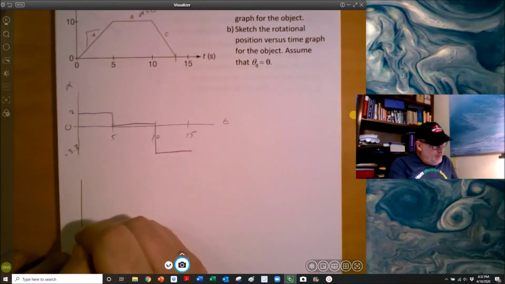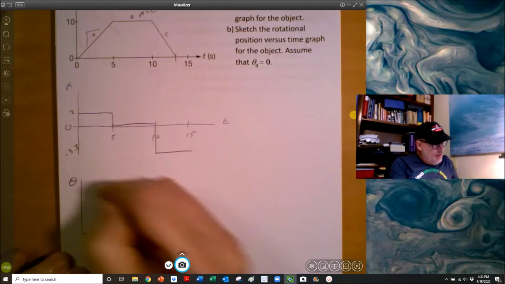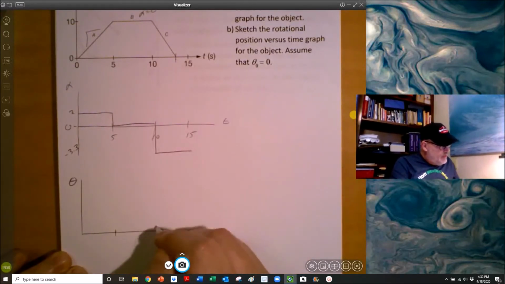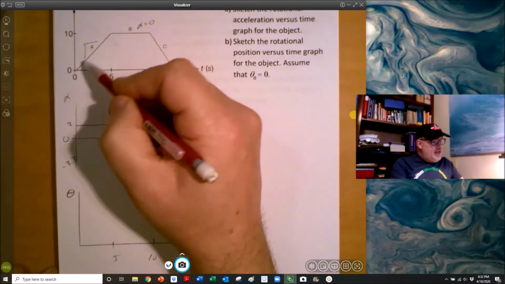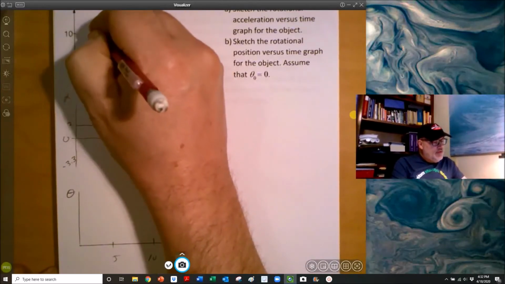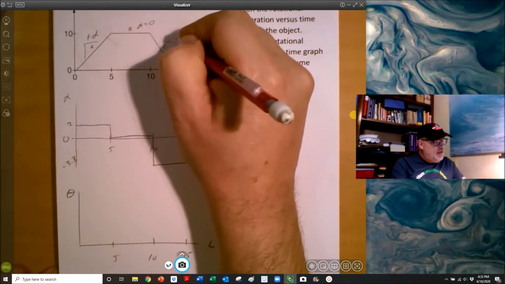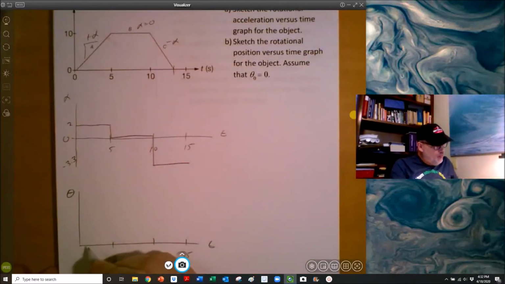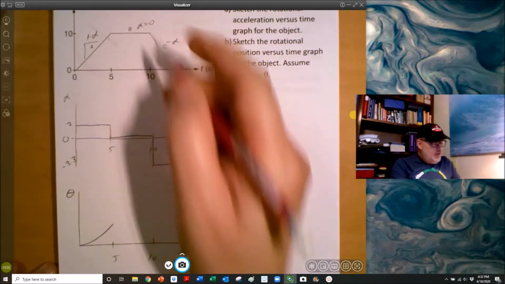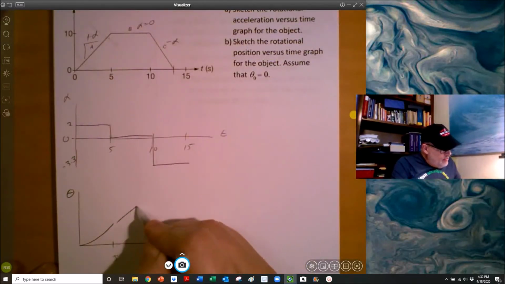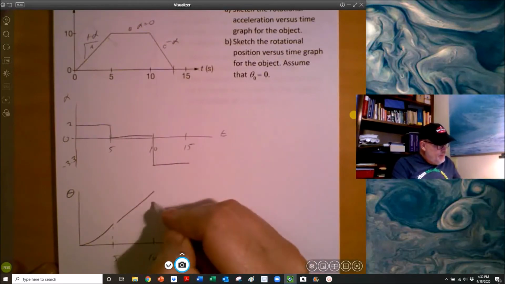And then our displacement versus time, 5, 10, 15 again. So we have a constant positive acceleration here and a constant negative acceleration here. So we're going to have an upward facing parabola here. And then we have constant velocity here, so that's going to be linear from there to there.